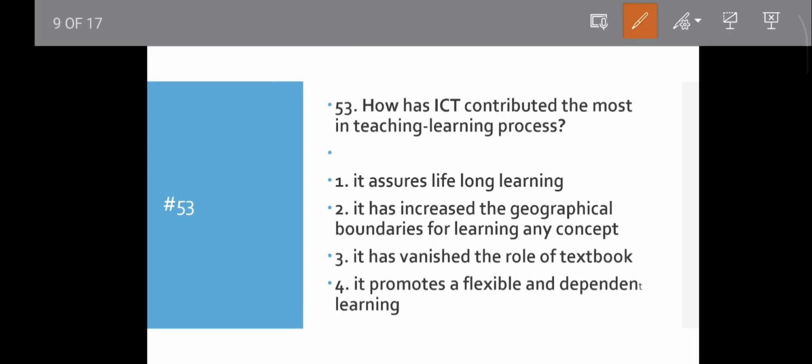53. How has ICT contributed the most in teaching learning process? It has helped lifelong learning. It has increased the geographical boundaries for learning any concept. It has vanished the role of textbook. It promotes a flexible and dependent learning.